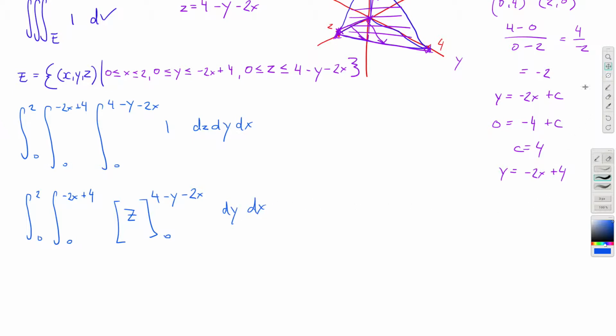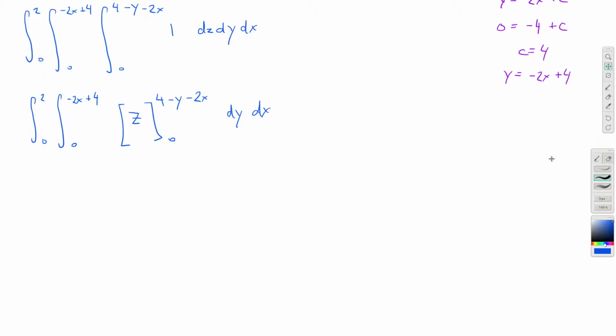So you really don't have to watch this part. This is just integrating, so there's no tricks here. You don't have to worry about putting the 0 in because you're just going to get it out again.